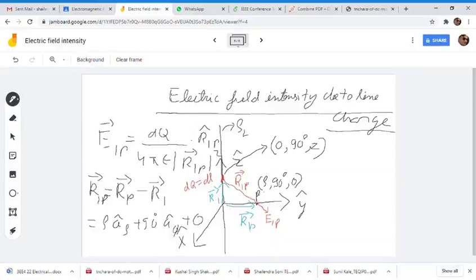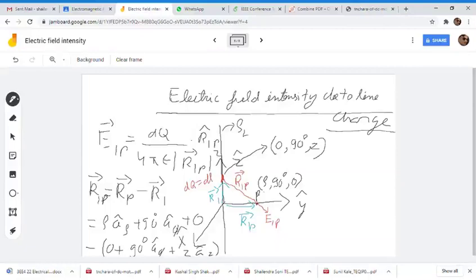Okay, and what will be r1? r1 is 0 on rho, so it will be 0, plus, here as well it is 90 degree, a phi and plus z az.